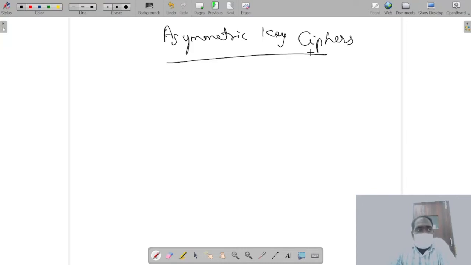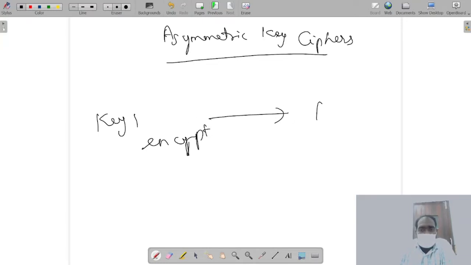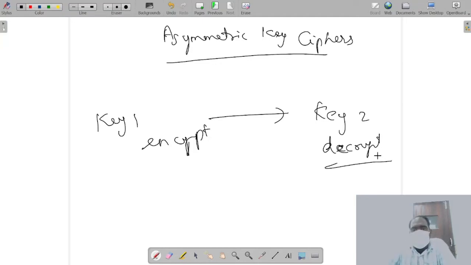What are these? Asymmetric encryption is something like you use key 1 to encrypt, and whatever key 1 encrypts, only key 2 can decrypt. Alright, so these two keys come in pairs.